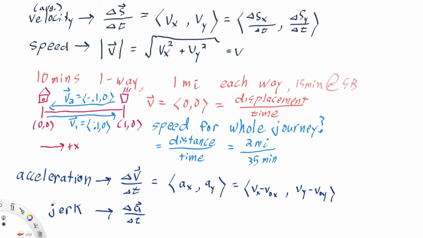I am not making that up. There is also a term for the change in jerk over time. If you were dealing with a problem where that was necessary, the change in jerk over time is called the snap.